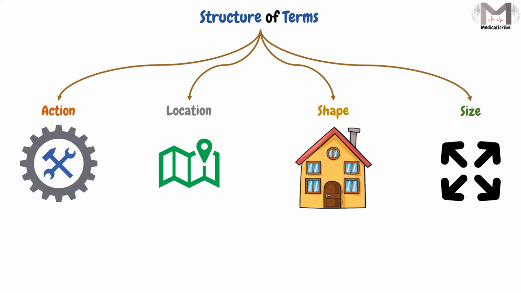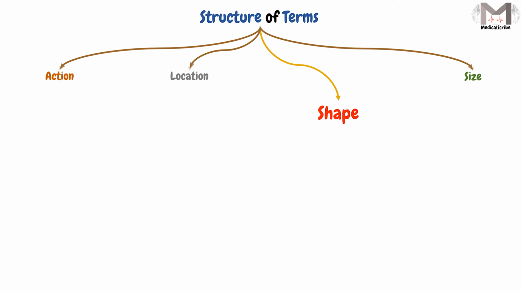So most of these structures, when they were named, were intended to clarify these characteristics. Now we will take an example of each of these four characteristics in order to clarify this idea and understand what they mean. We will begin with the shape.